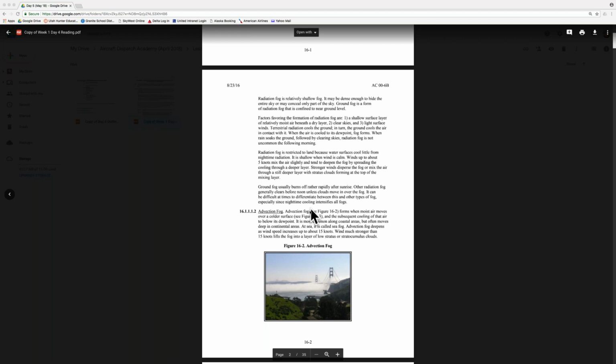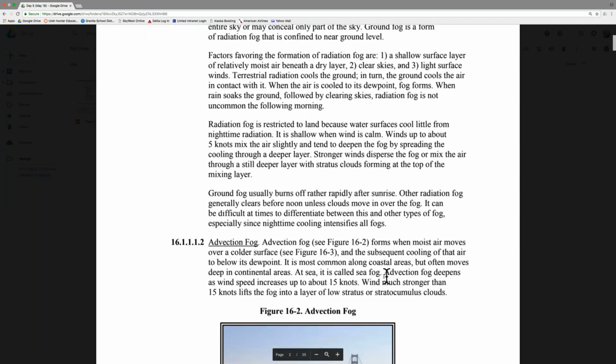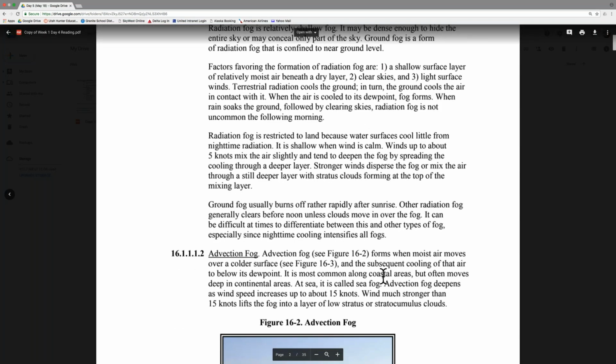Category 2 landing. So, like I said, it doesn't prohibit us from landing necessarily.